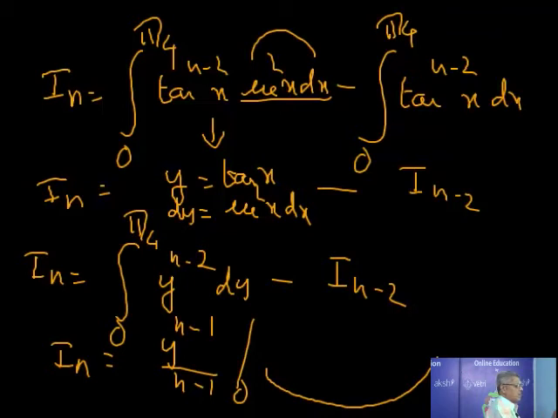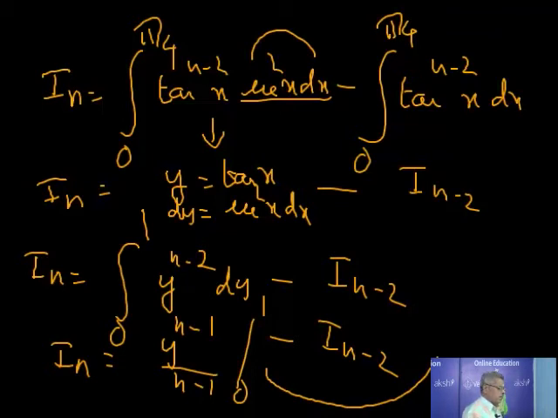When x is pi by 4, tan pi by 4 is 1. So by changing the limits, you get 0 to 1. So here 0 to 1, minus I(n-2). Applying the upper limit, we get 1 power n minus 1 by n minus 1.